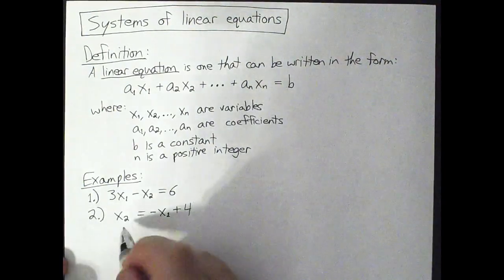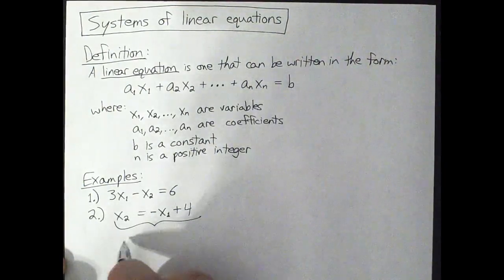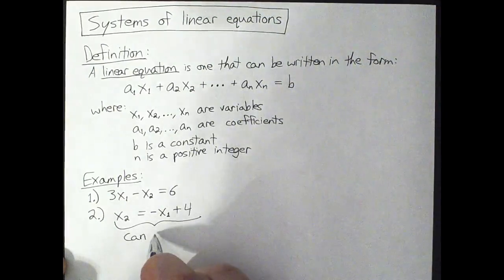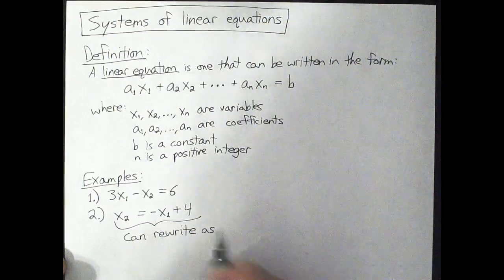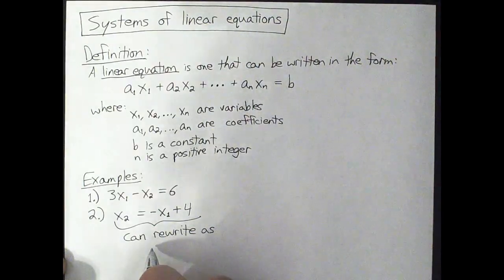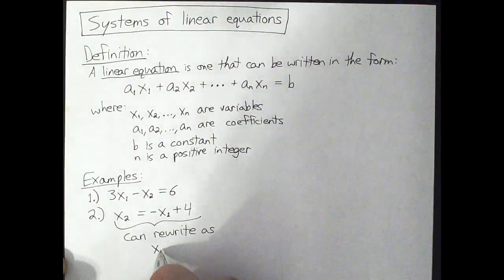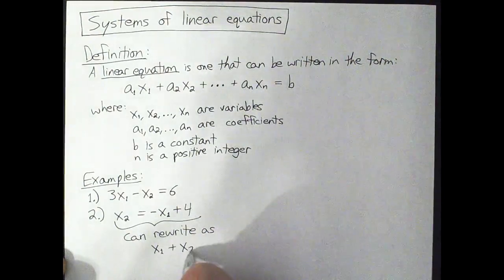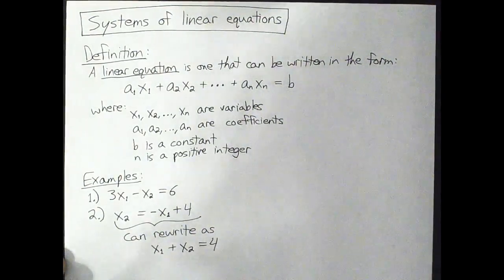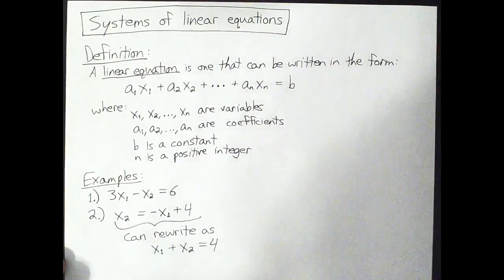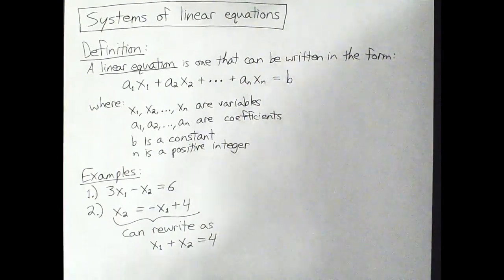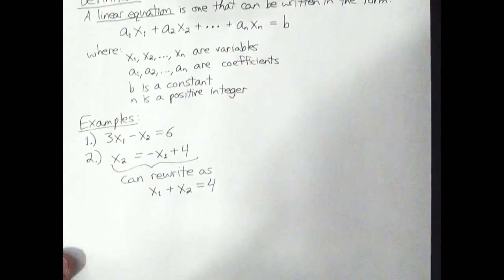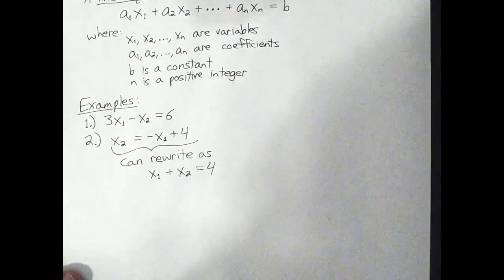What I mean is, we could take this and rearrange it or rewrite it, like if you move the x1 over to the other side. Doesn't it look like this? You just add x1 to both sides. And now it looks like the standard form. It was a linear equation all along, even though it might not have looked like it at first.